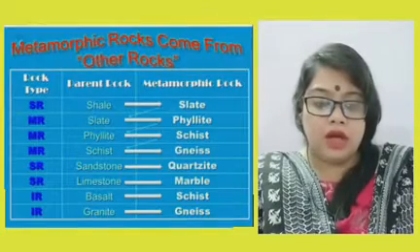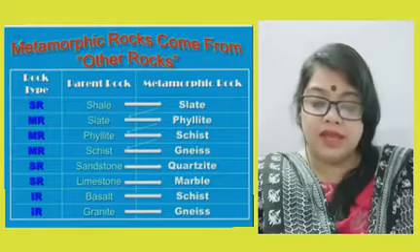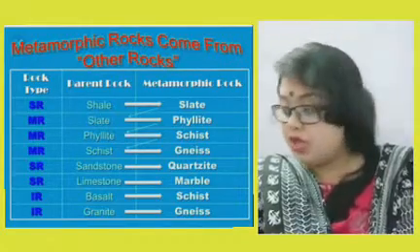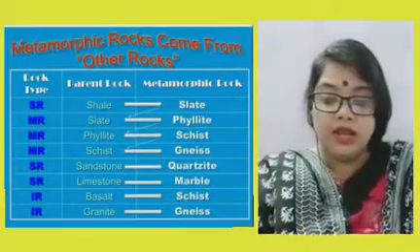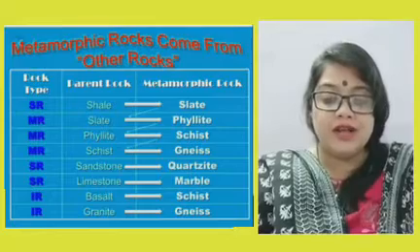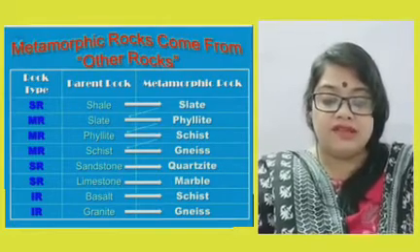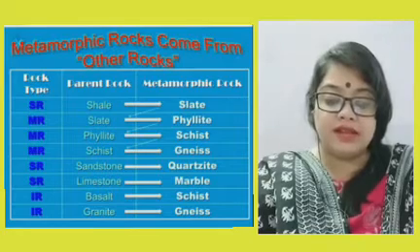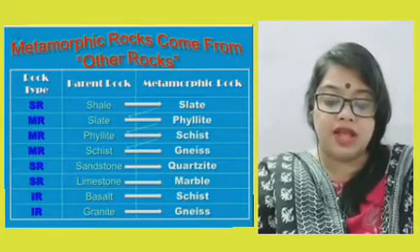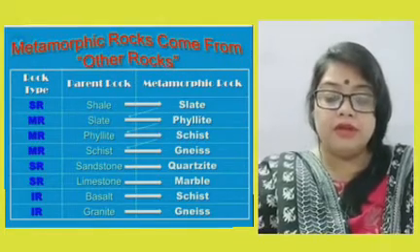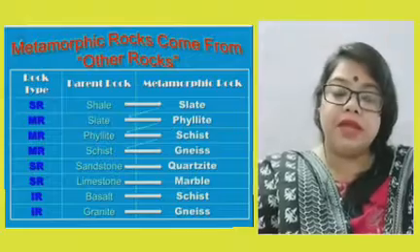Now, I have given you the names of certain parent rocks and their metamorphic forms: from shale, slate; from slate, phyllite; from phyllite, schist; from schist, gneiss; from sandstone, quartzite; limestone, marble; basalt, schist; granite, gneiss. Try to remember these transformations, it may come.